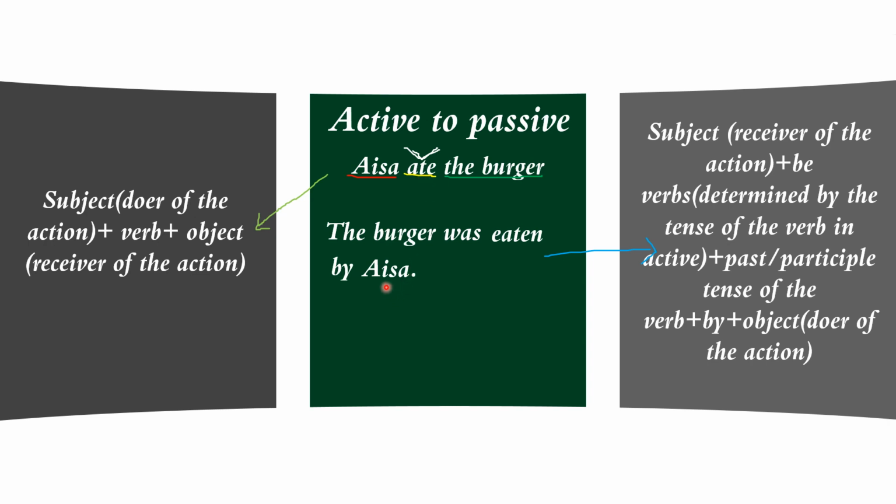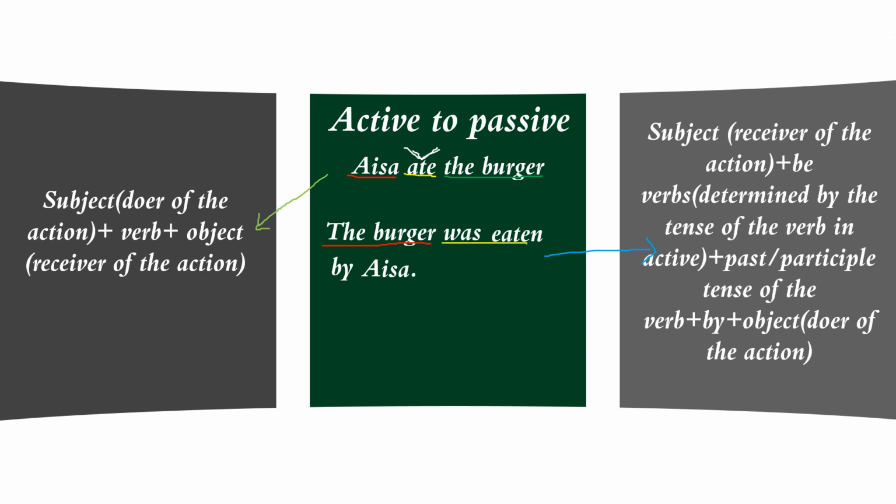However, in this one, even if she was the doer of the action, Isa was placed as an object. So if we are going to identify the parts of this sentence, Isa is no longer the subject. The subject of this sentence is now the burger.